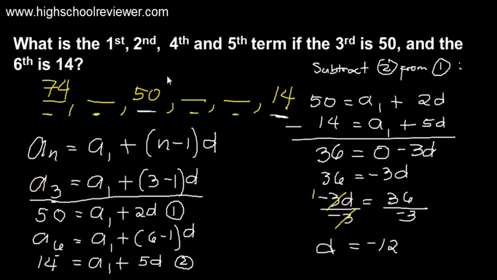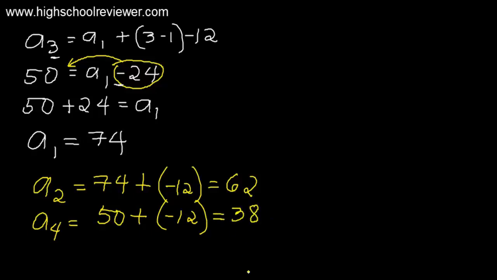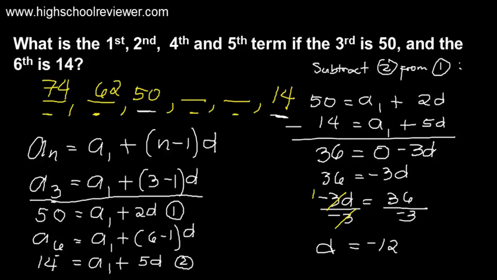Our second term will be positive 62. And for our fourth term, this is easy. For a sub 4, we take our third term, which is 50, and add negative 12 again. So this will be equal to positive 38.